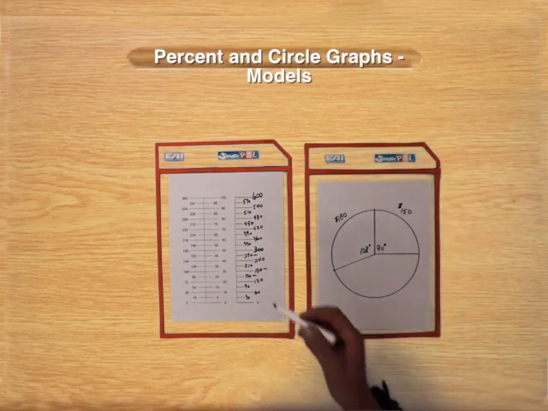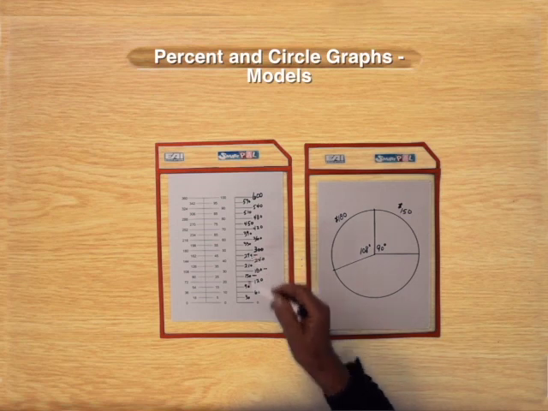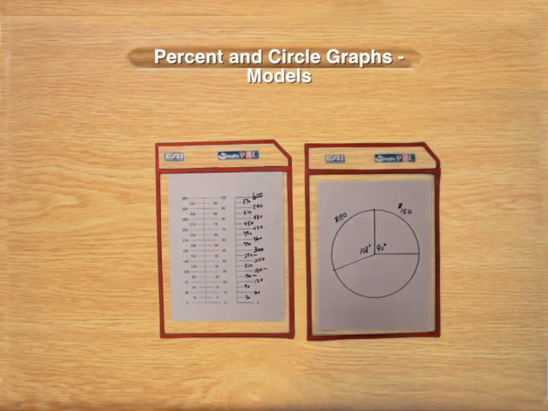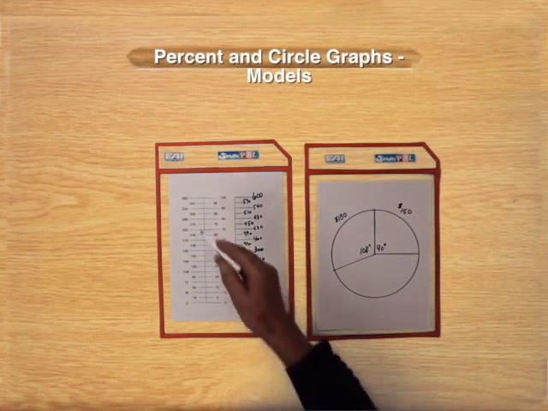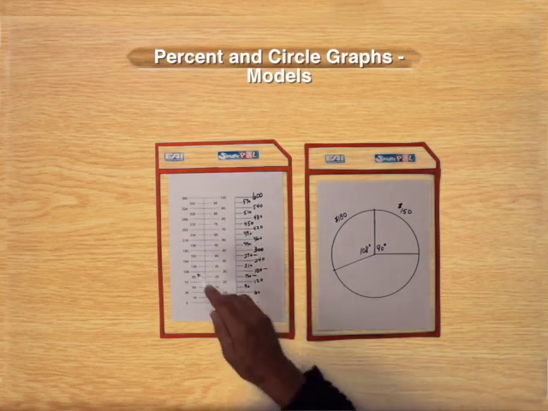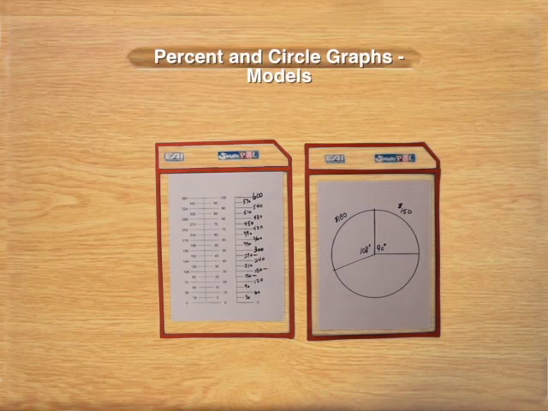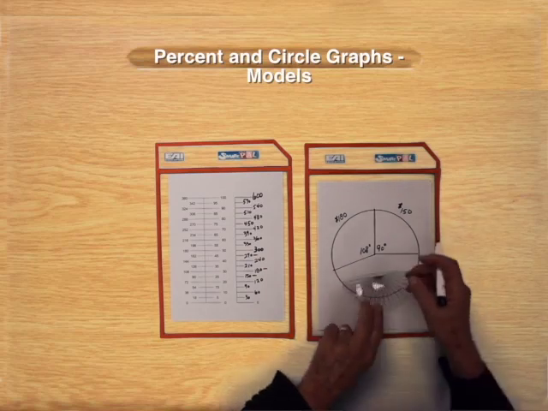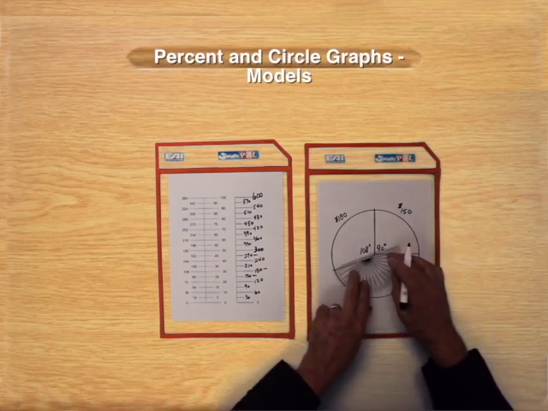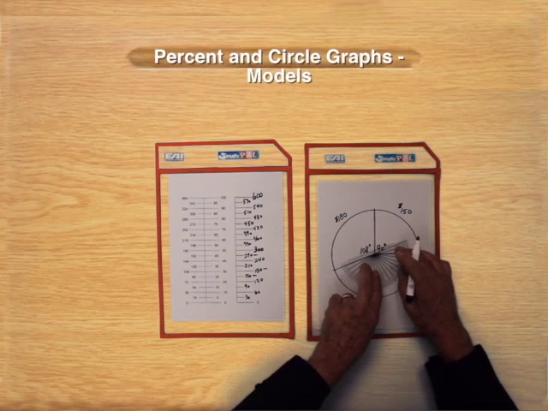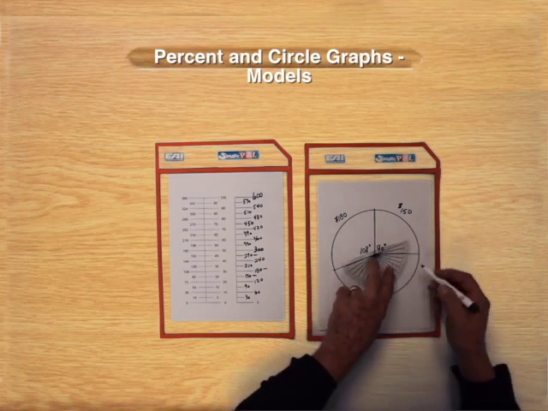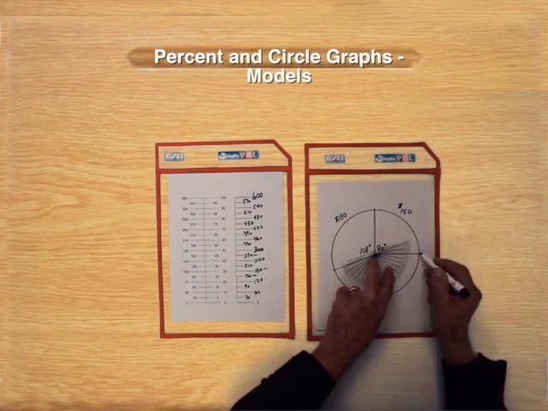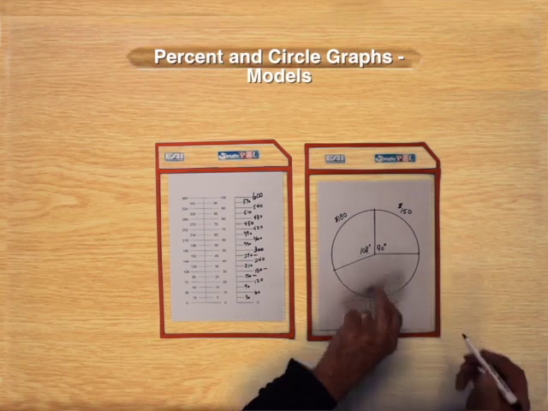And finally, the last person earned $270 of the profits, which is 45% of the profits. But 45% of the 360 degrees is going to be 162 degrees. So now we must draw an angle of 162 degrees. So we put our 0 here. And 162 degrees turns out to be basically this point right here.